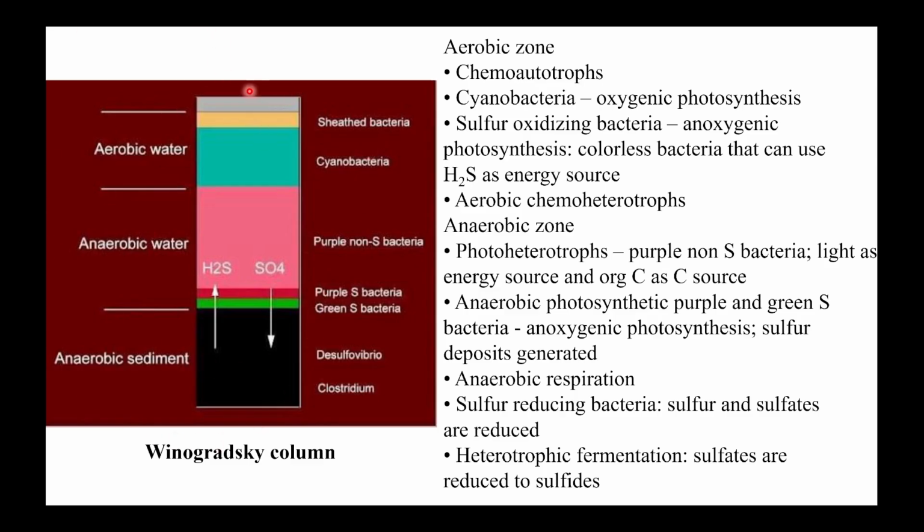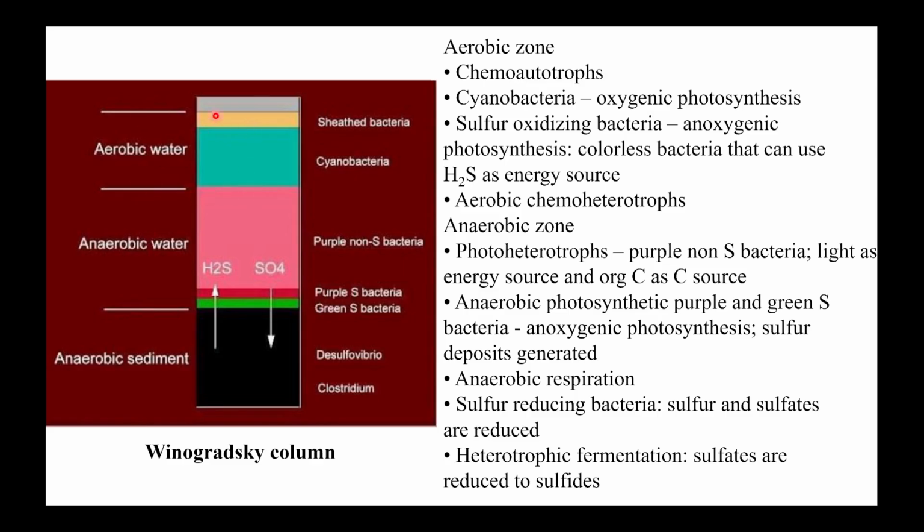So what will happen when you incubate this column in the sunlight? Light will penetrate up to a certain point and oxygen will also penetrate up to a certain point of this column. Oxygen cannot diffuse up to the bottommost layer of the column because it's a tall column, so the oxygen diffusion rate is not that great, and it won't reach the bottommost layer.